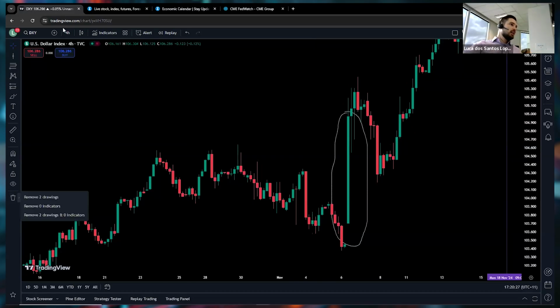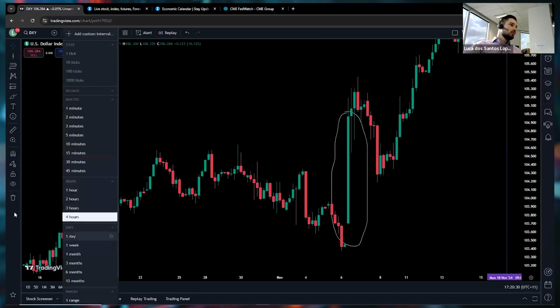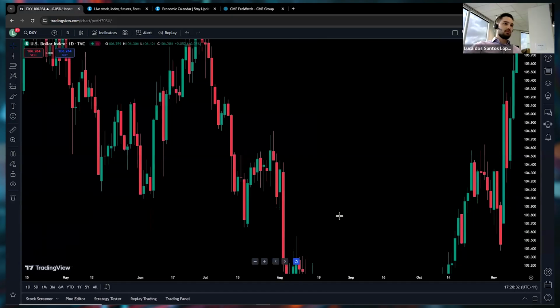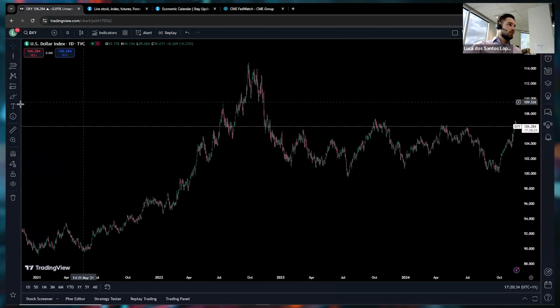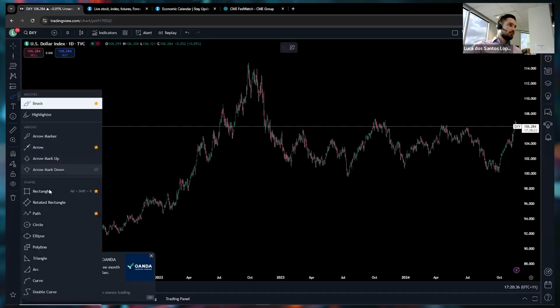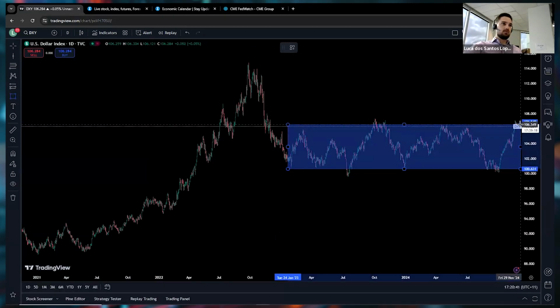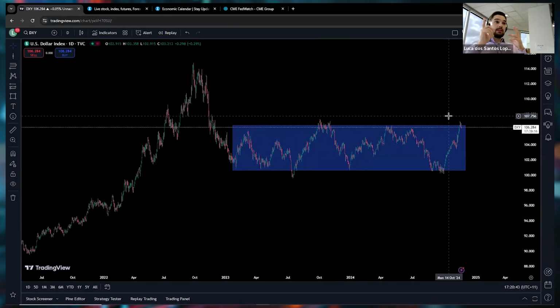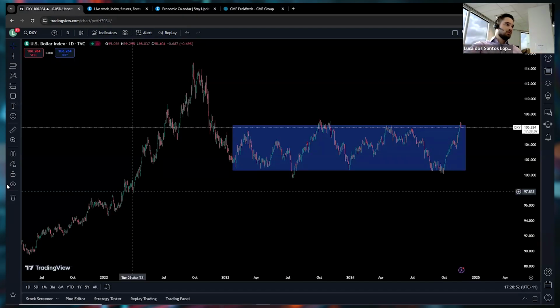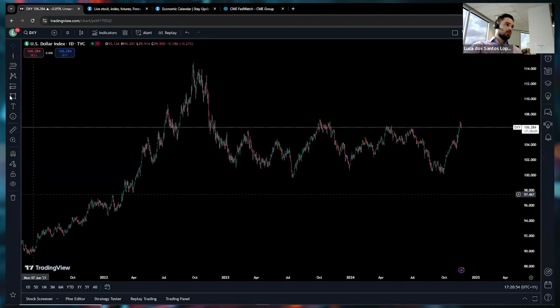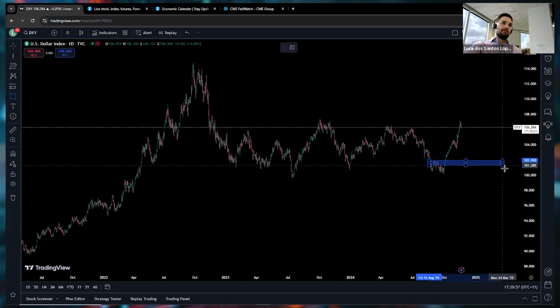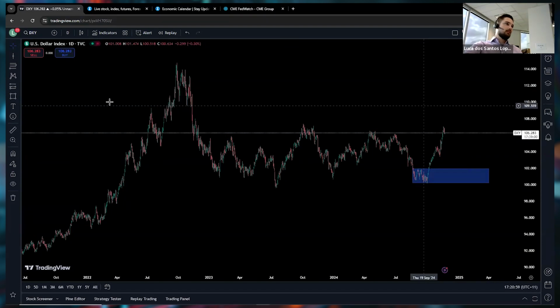If we look at the daily chart, we can see that we are in a consolidation, very, very clear to see right there. And we are at the top of the range of the consolidation. So there is plenty of opportunity for the market to correct down to this level right here before it thinks to go up again.